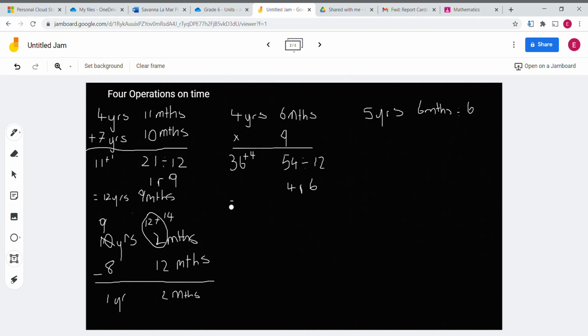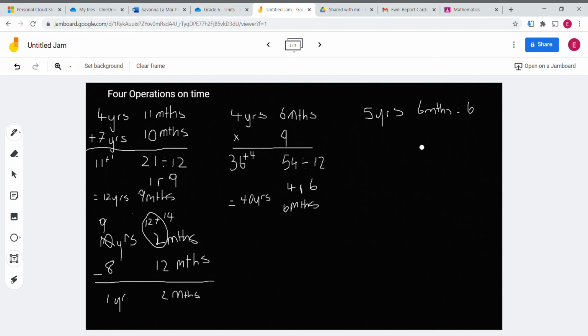So your answer is 40 years and 6 months. That's your answer there. 40 years and 6 months. That's what you'd be working out right there.